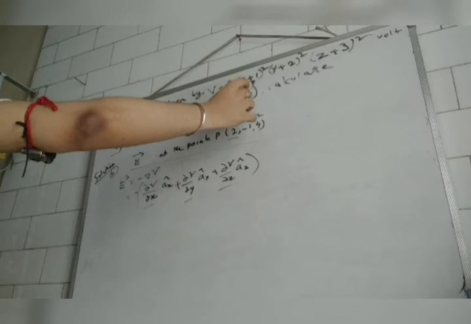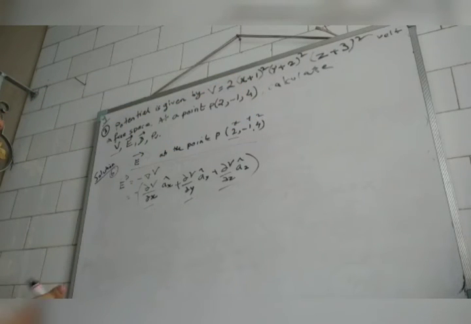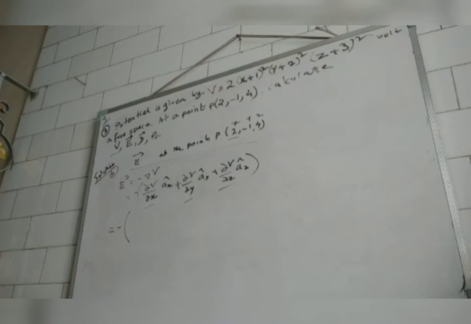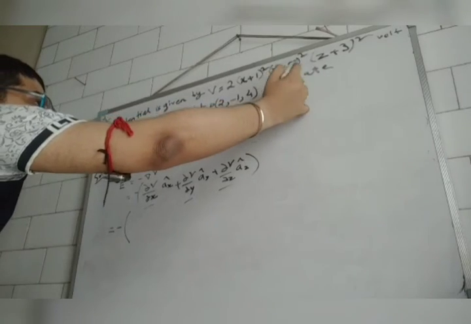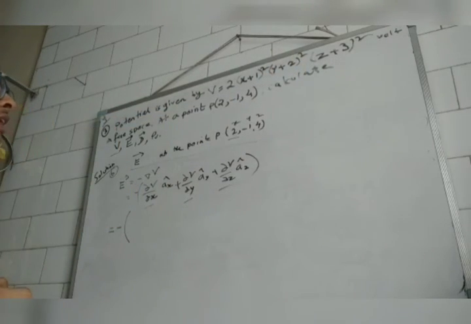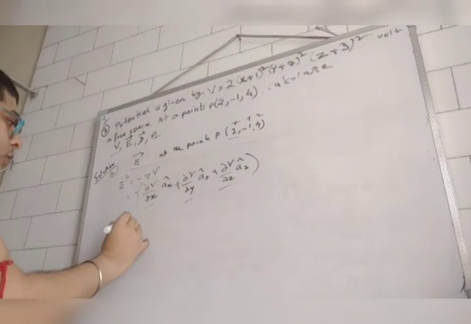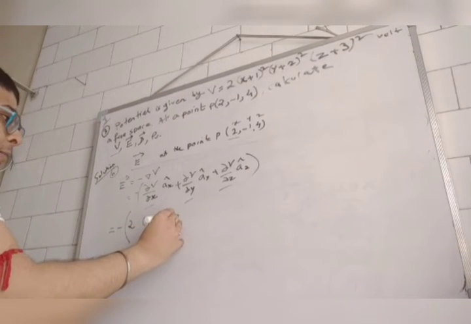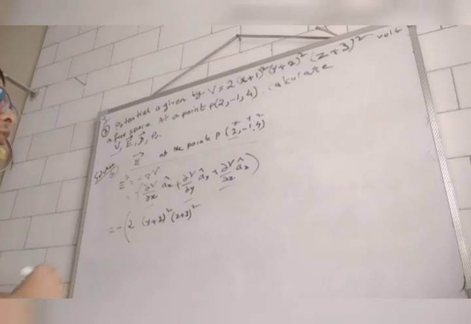So from here you can see, if I differentiate this function with respect to x, what will we get? So we will be having, these two will be constant here. So we will be having (2y+2) whole square, (z+3) whole square.